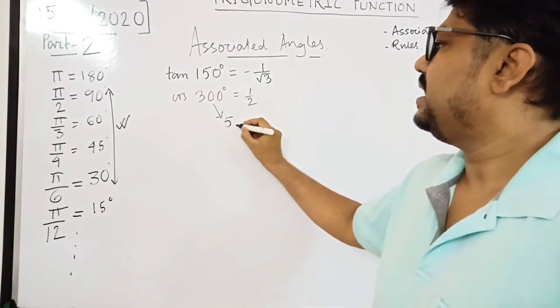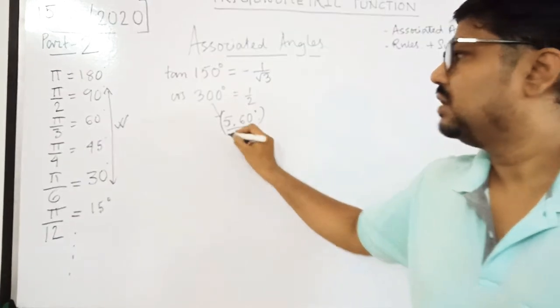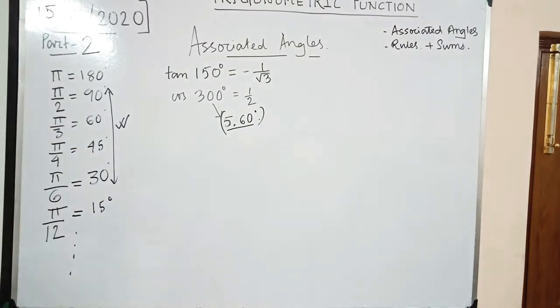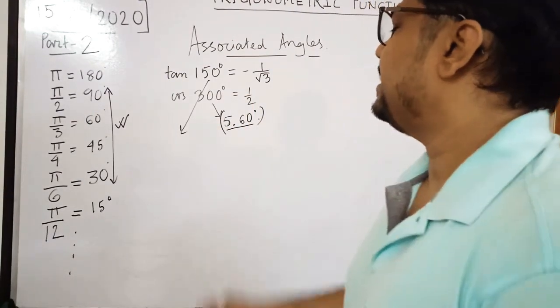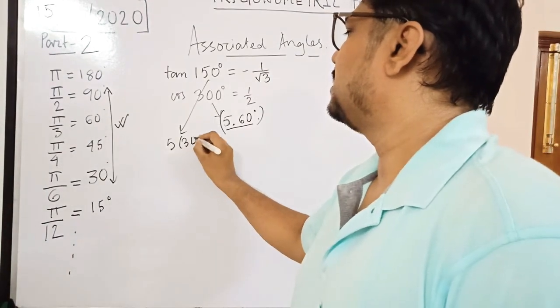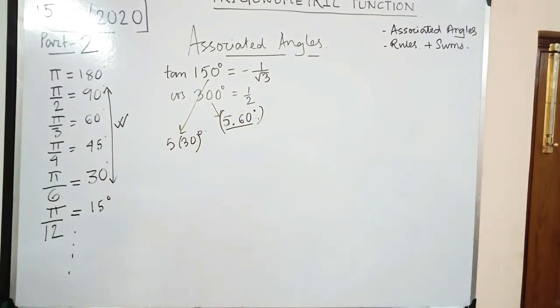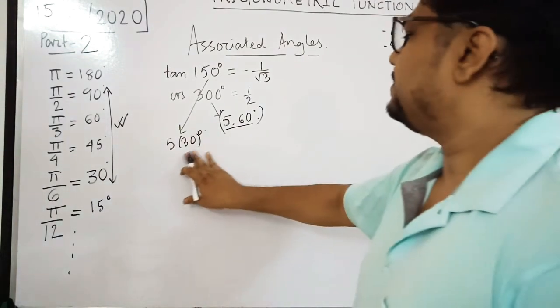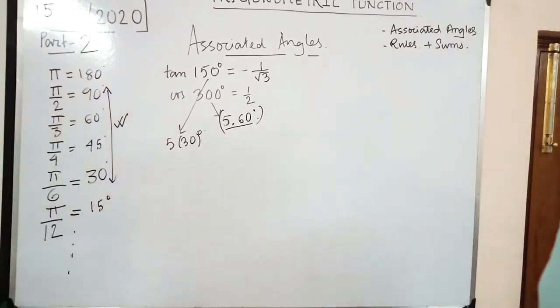So it is not something very unknown, but related to 60 degree. This is also related to the standard angles, like 5 into 30 degree. So these values we will try to find out. So how this happens, let us see.